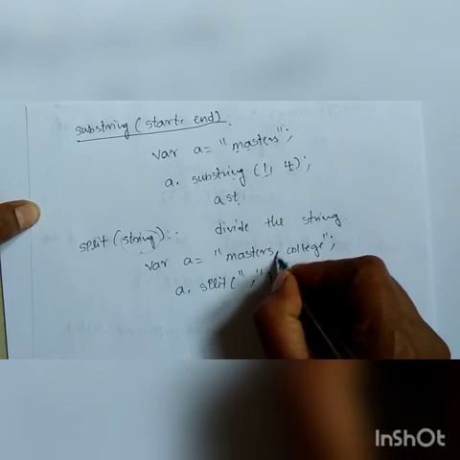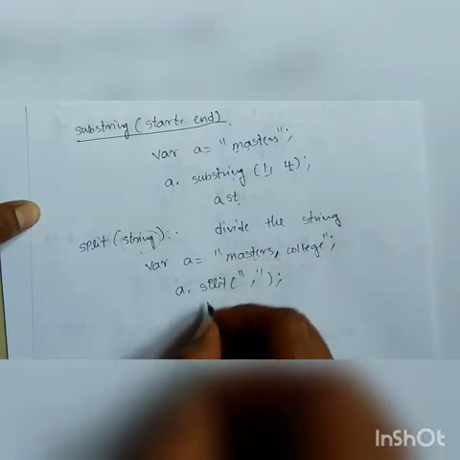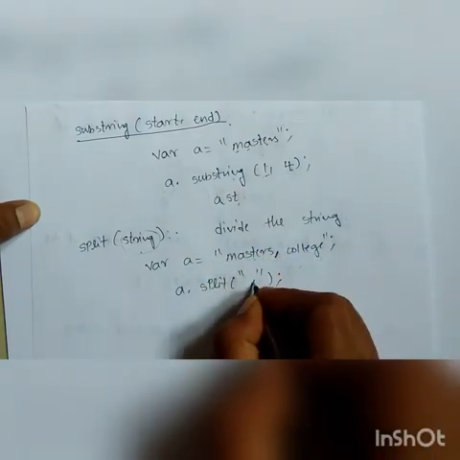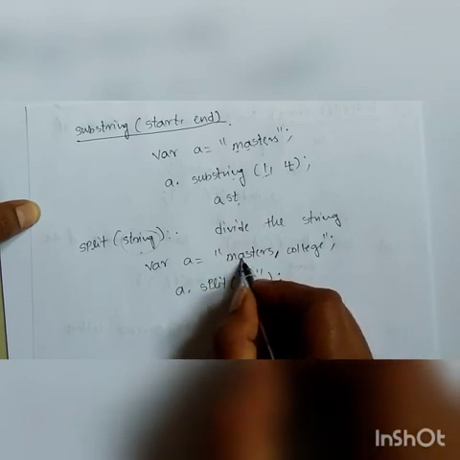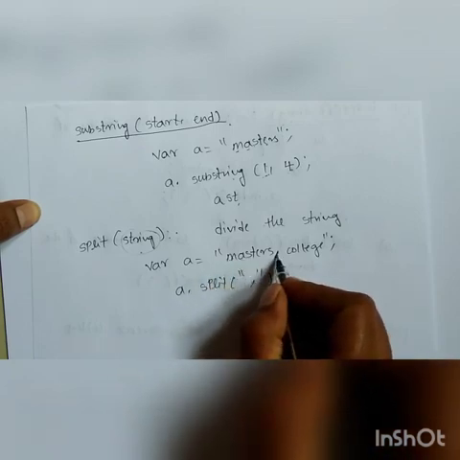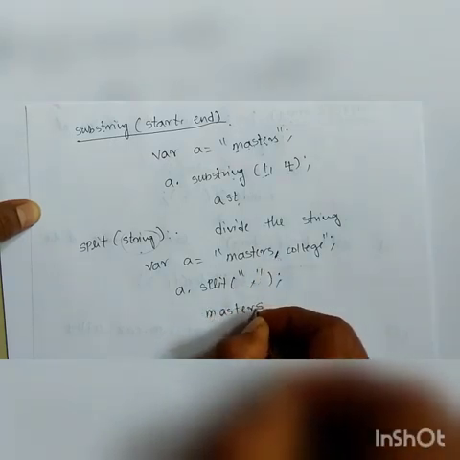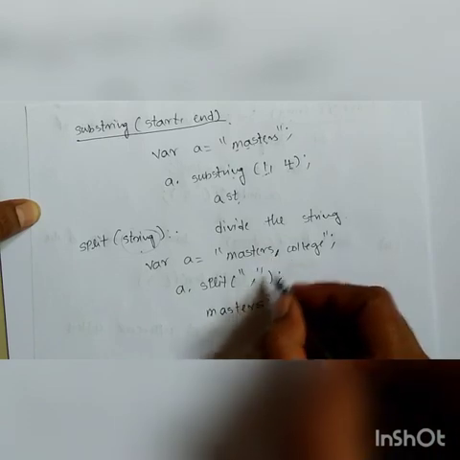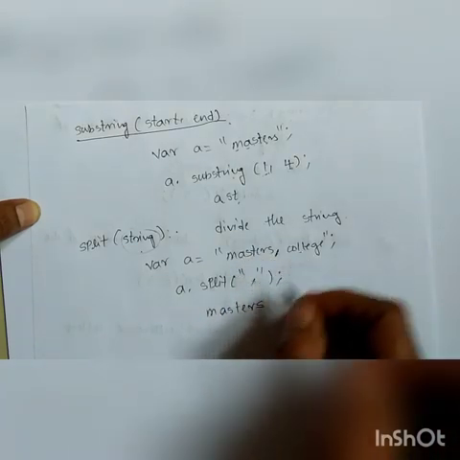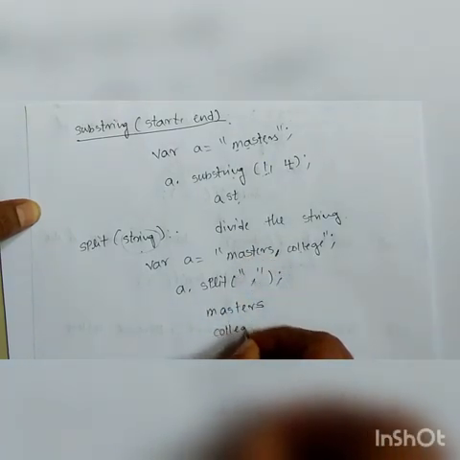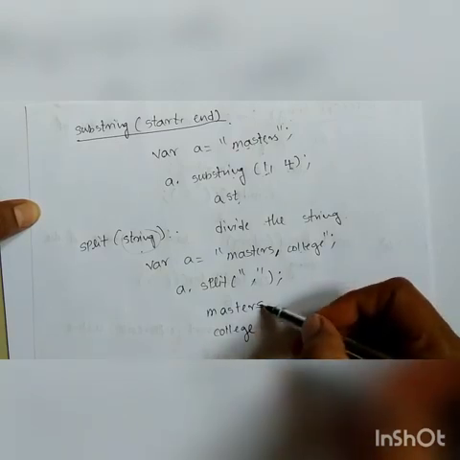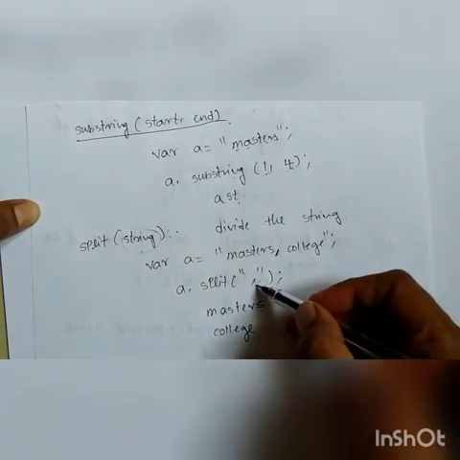So first, it checks whether the comma is matching or not. Is M matching with the comma? No, so not dividing. Is A matching? No. Like that, it keeps checking up to the comma. So first it takes masters. And after that, the comma is there, so it divides one string. And after that, the next one is college. It divides into two strings based on the comma symbol.